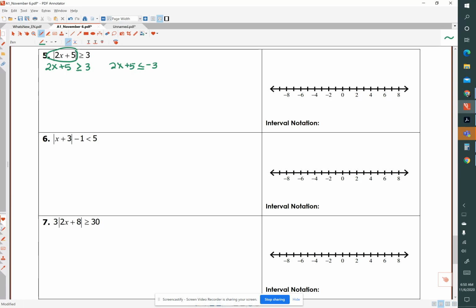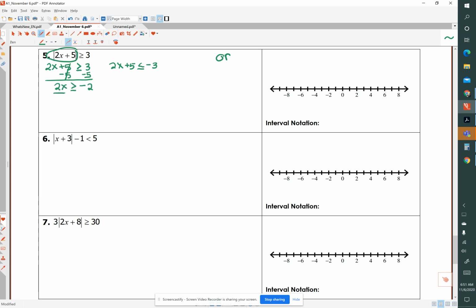Now, what do we have? Do we have an and or an or? Well, this is a greater than or equal to sign, so we're going to have an or. Let's go ahead and solve these. Let's subtract 5 from both sides. 2x is greater than or equal to -2.